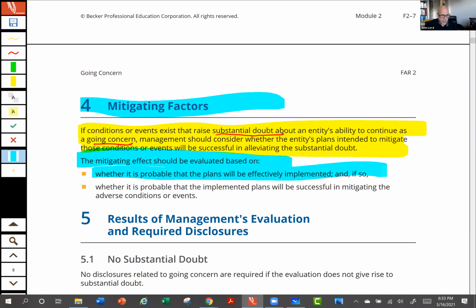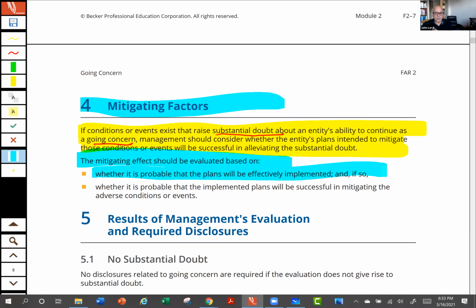So if you've got a company that's in danger of having substantial doubt about being able to continue as a going concern, would you lend them money? If the company says, well, we're going to borrow money, somebody, particularly an auditor, could look at that and say, you're not going to be able to borrow any money. Who's going to lend you money when you look at your financial condition, right?